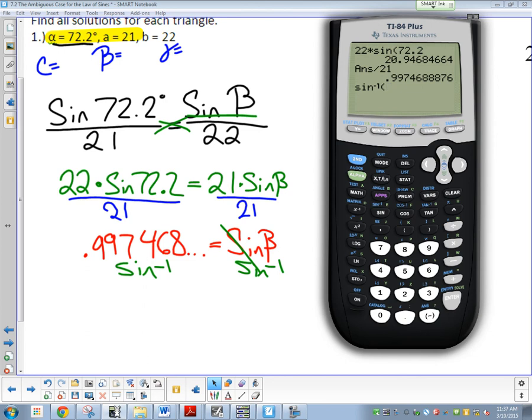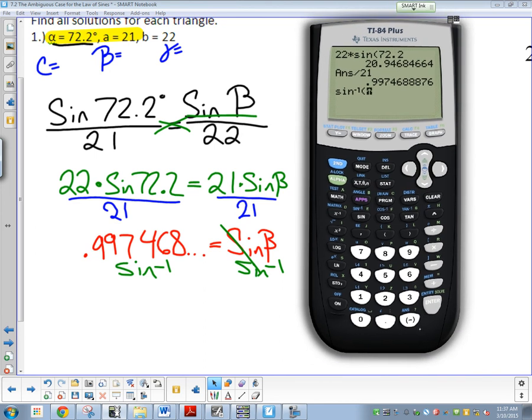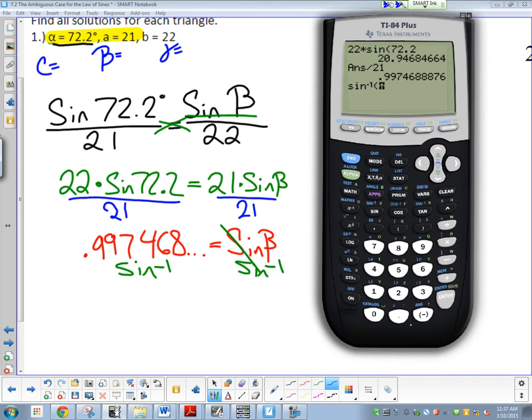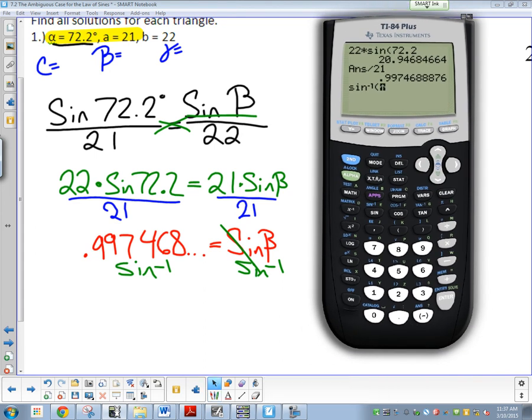Everybody look at me right now. Look to see how I'm doing this. I'm going to hit the second button, and I'm going to use this negative key down here. Right above that negative key, we see how it says ANS? That's what I want. I want that answer that I just got. Instead of having to type that whole thing in, if I do second sine, so inverse sine, second negative key, it tells me ANS, the answer.